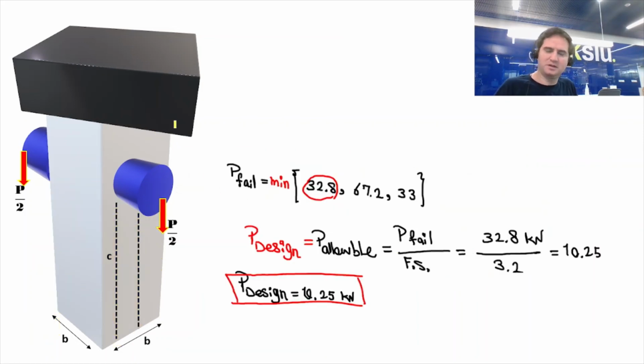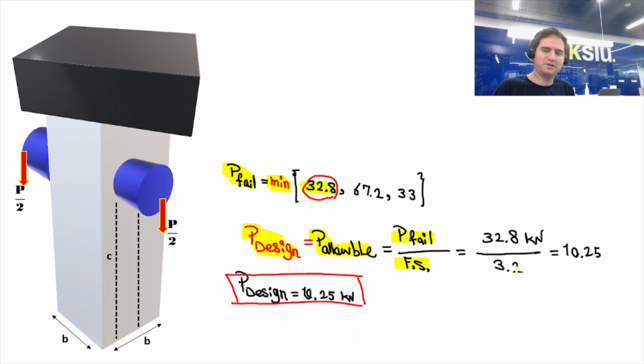In a comprehensive approach, P failure is the minimum of those three possibilities. We had 32.8, 67.2, and 33, and the minimum of them is 32.8. If you remember from the factor of safety concept, P design is the acceptable or allowable force, which is the failure force over the factor of safety.